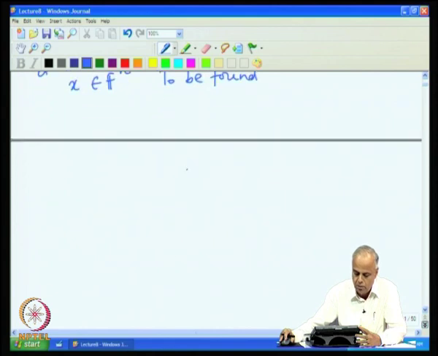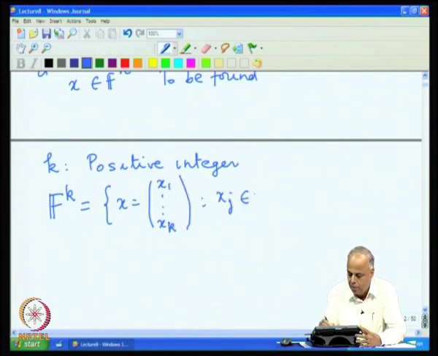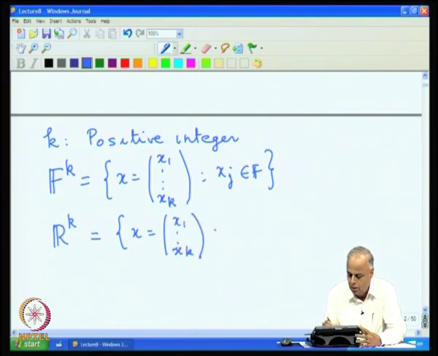To look at this, let us take a general k which is a positive integer, and look at F^k, which is the set of all column matrices which have one column and k rows and with all the entries coming from F. Let us in particular take F equal to R, so that we look at the set of all one column, k row real matrices, where all the entries are real.